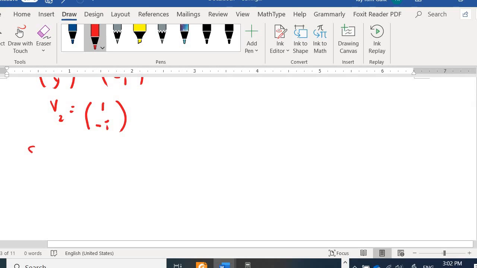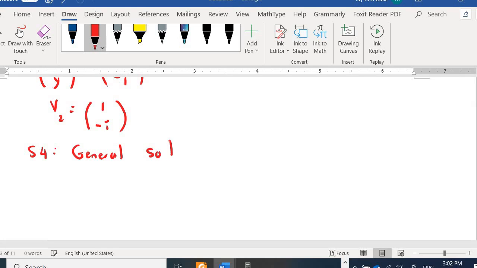So step number 4, your general solution. You have y equals a v1 exponent lambda 1 t plus b v2 exponent lambda 2 t.